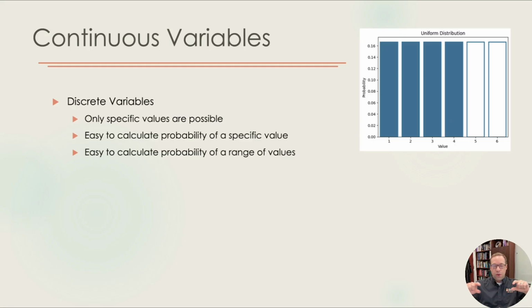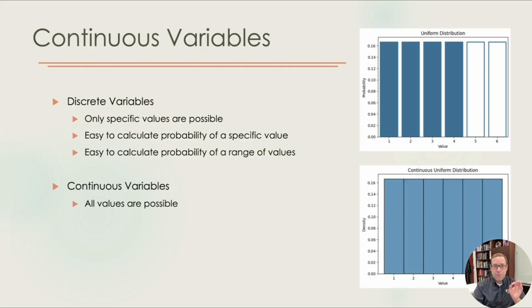So I can look up those 4 values in a table and add them up, or I can look at the height of the 4 bars in my graph, add them up as well. Okay, so dealing with discrete distributions is quite easy, both for specific values and a range of values.